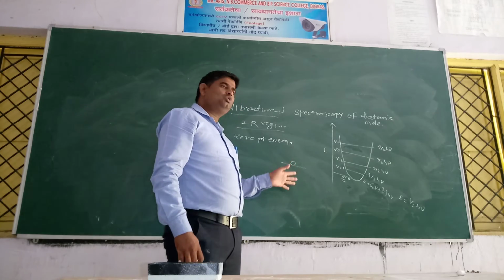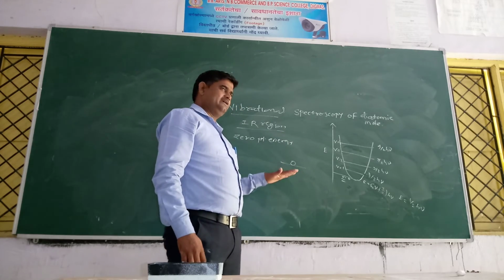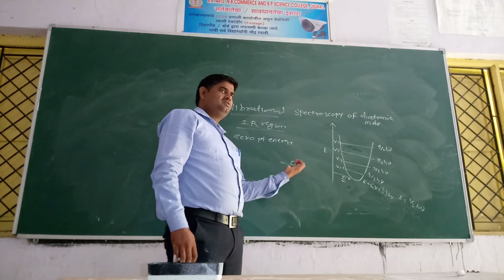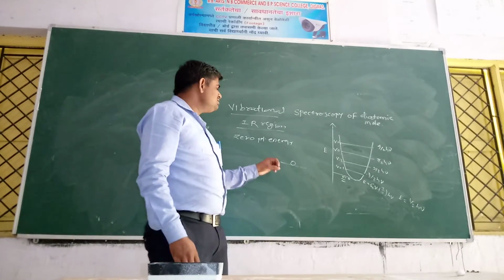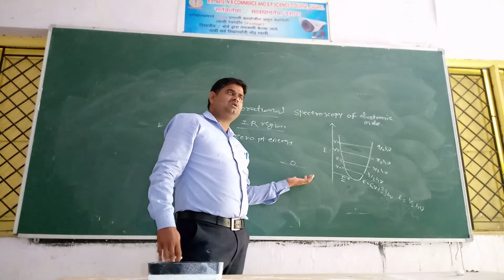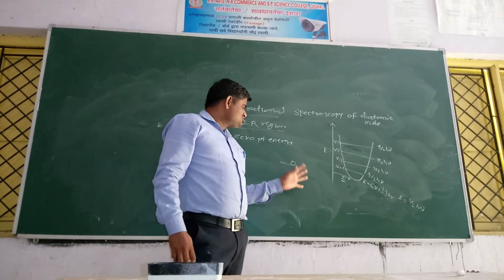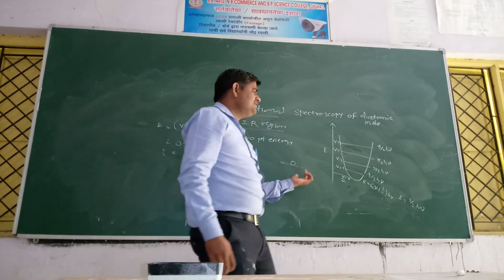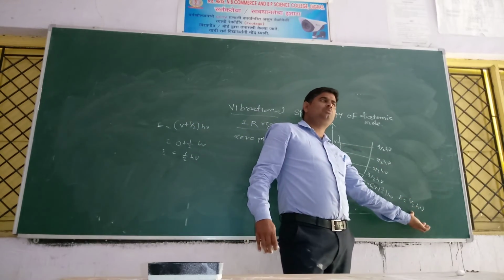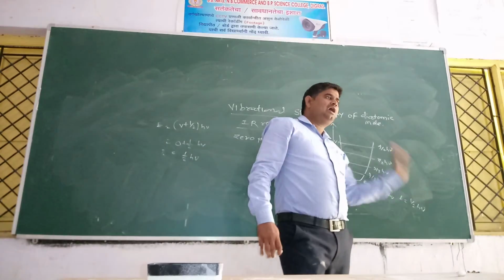Because the molecules are in a vibrational state. There is a small vibration present in the molecule. They are not at rest. Due to this small vibration, they get some amount of energy, E is equal to half h nu.